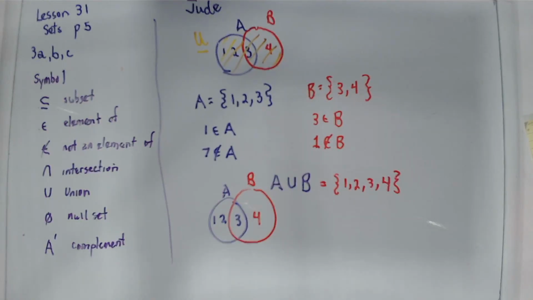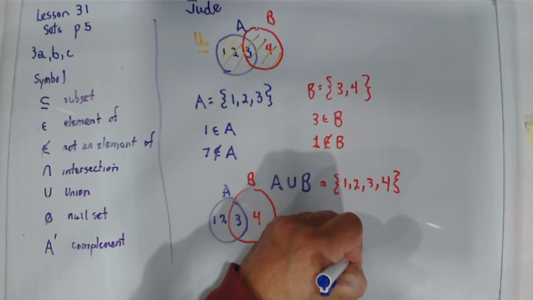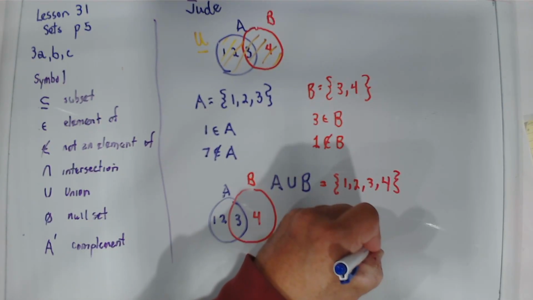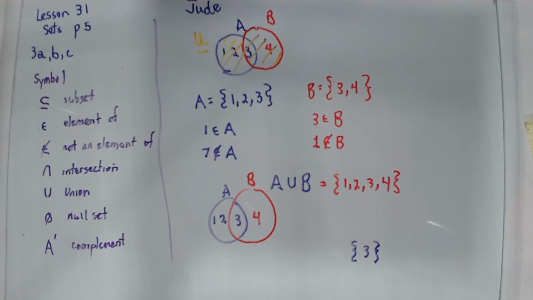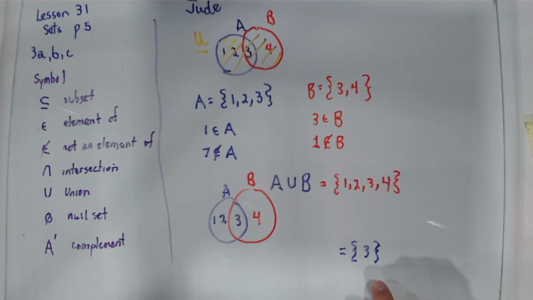Okay, so now let's say I have a set, and I just want to identify it as 3. So what is that set that only has the element 3 referred to?